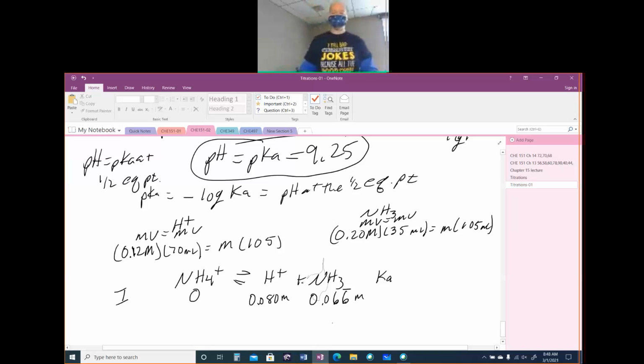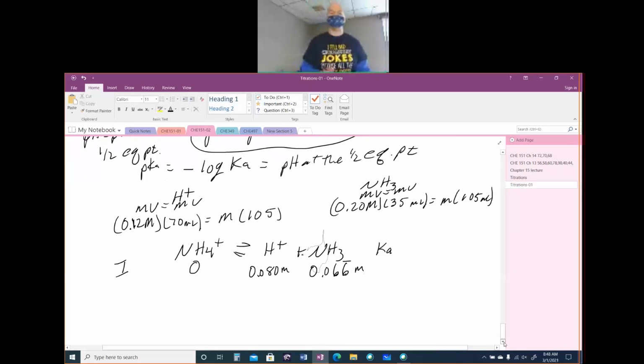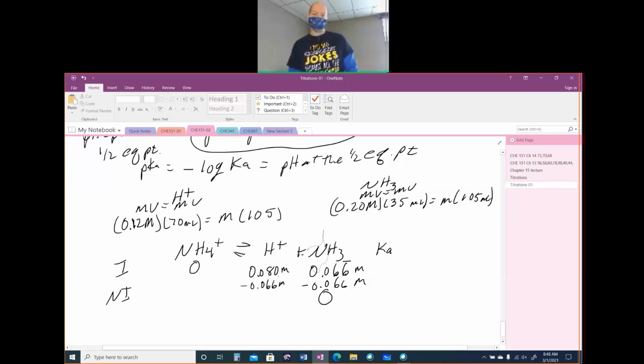Now, with all of these, something on the right has to be 0. So when both of your numbers on the right are not 0, you have to do a new initial. So your new initial: one or both go to 0, and if it's equilibrium, then both of them go to 0. The smaller one you see is the NH3, so it is going to 0. The smaller one goes to 0. So minus 0.066 repeating molar, and plus 0.066 repeating molar.